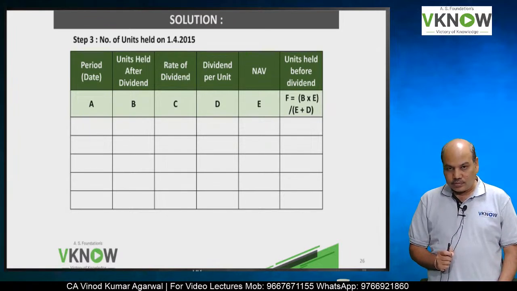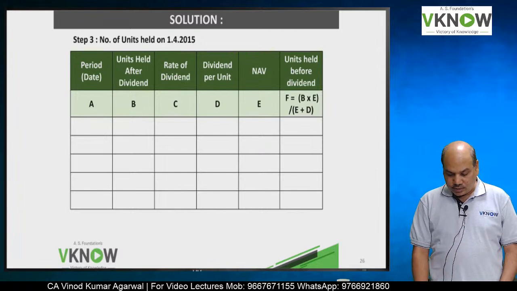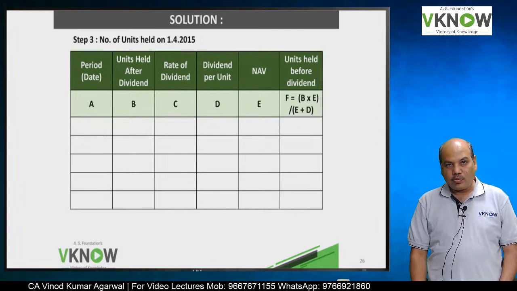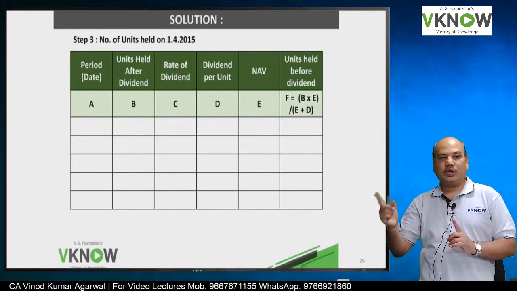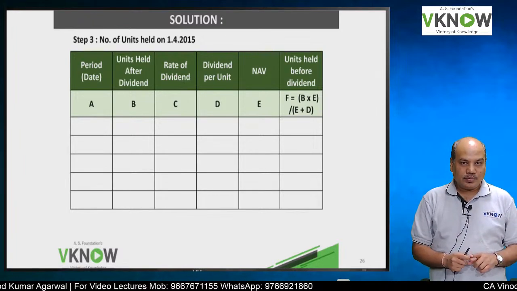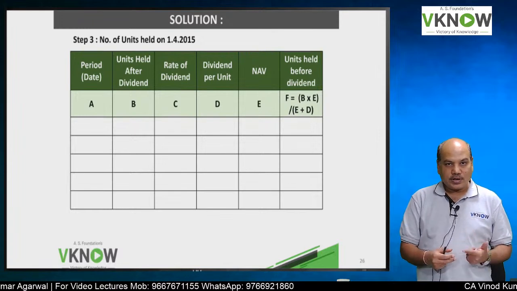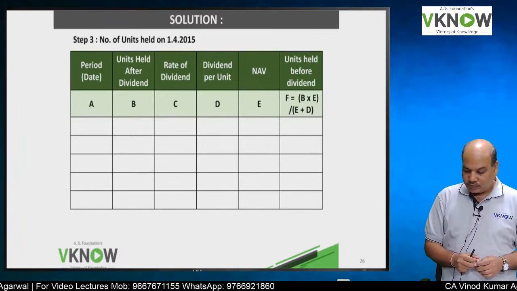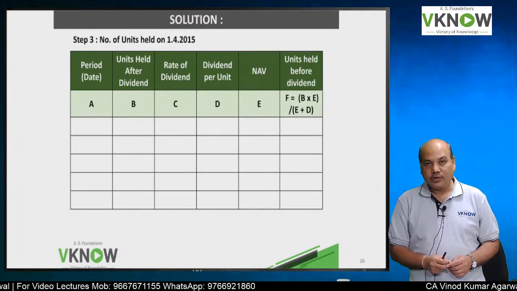Draw one table. First column, write down date. Second column, this time we have to do reverse working. In the class we are doing straight calculation, but reverse gear is always a little difficult. Second column: units held after dividend.